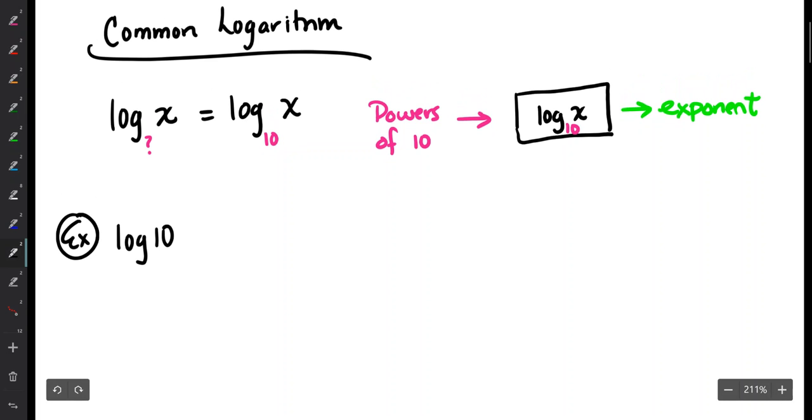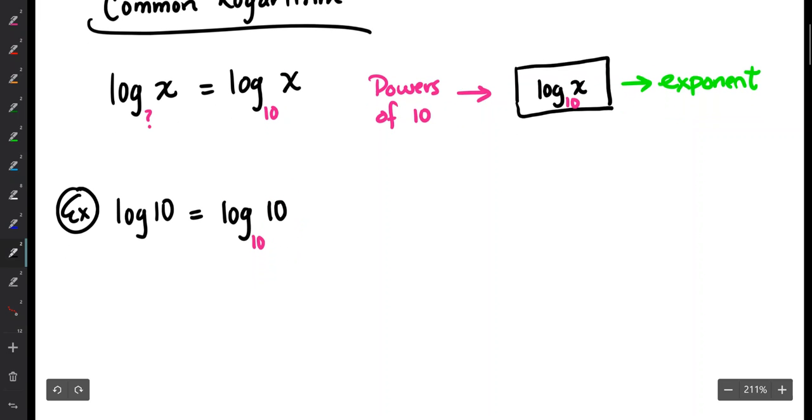Let's go for it. Log of 10. Well, log of 10 is log base 10 of 10. What does this do? It takes in a perfect power of 10 and it spits out the exponent. 10 is 10 to the 1.